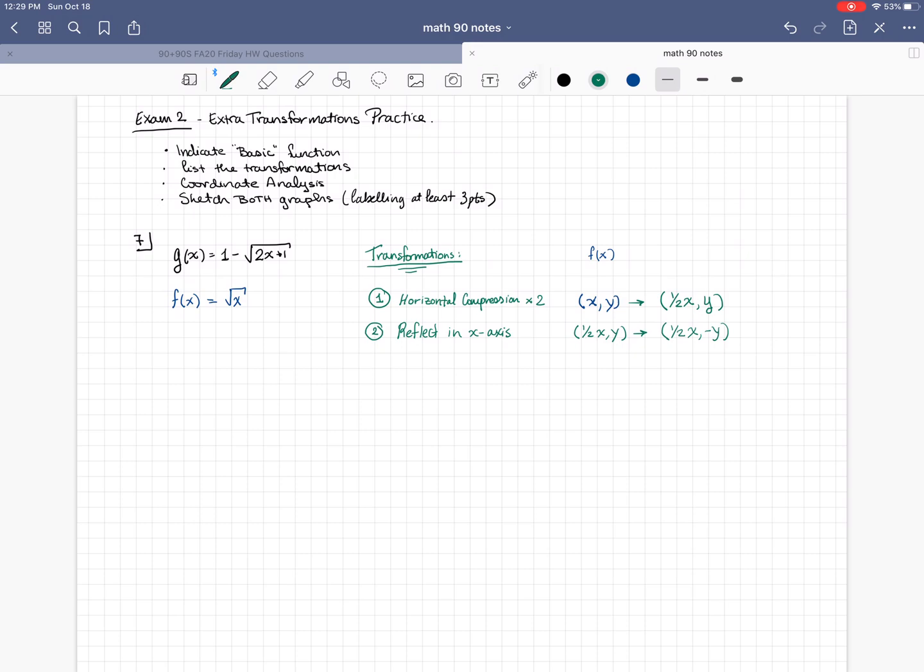Okay, now let's do our shifts. Kind of doesn't matter whether you want to do the vertical shift or the horizontal shift first. Let's do the horizontal shift. Let's get it over with. So again, this is exactly the same conversation we had in the same problem. If there had been no 2, if it was just x plus 1, that's a shift to the left by 1 unit.